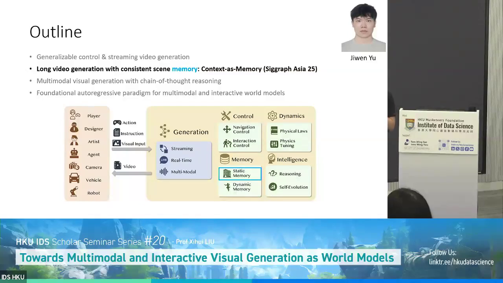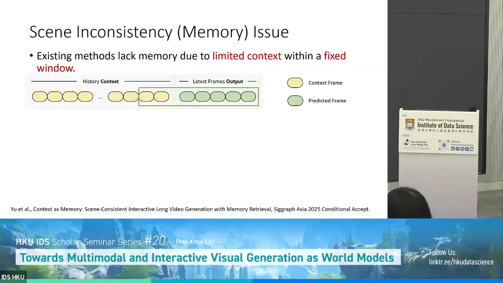And this inspired our next work, the context as memory. So this is how current video generation models use the previous frames as context. We just keep the nearest history context and use it as condition to generate the new green frames.